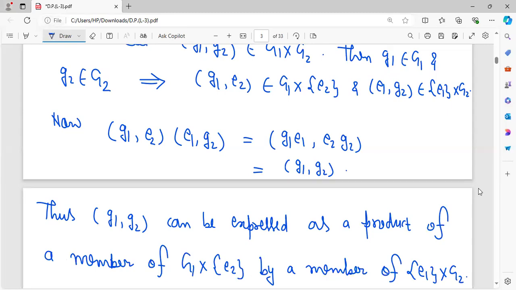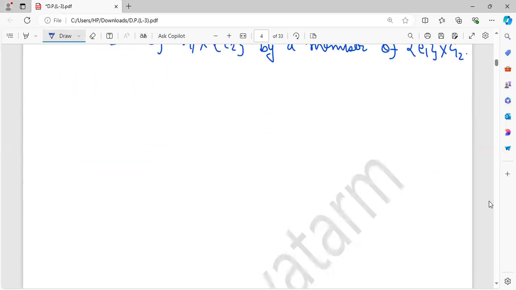Now this product is unique. We have to show uniqueness of the product.